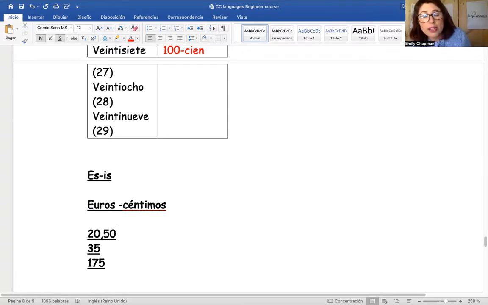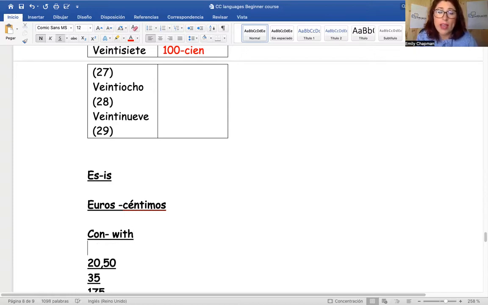And then there's another little word that I'm going to add to this, which is the word in Spanish con, which means with. Not always, but sometimes people will say in Spanish 20 with 50, 35 with 90.